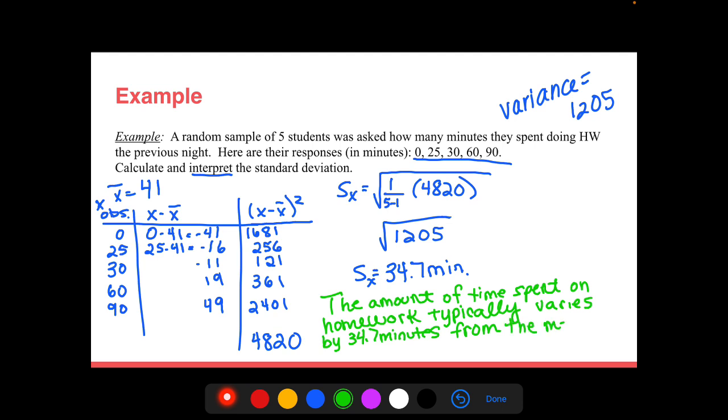The mean time of 41 minutes. So we calculated and interpreted. So remember, we have to do this with context in mind.